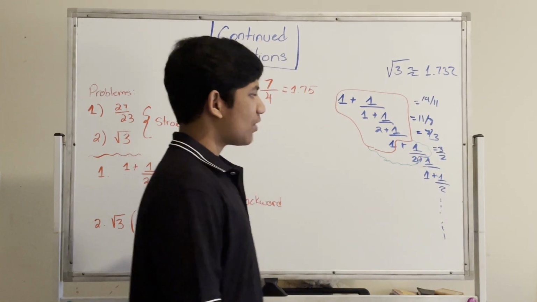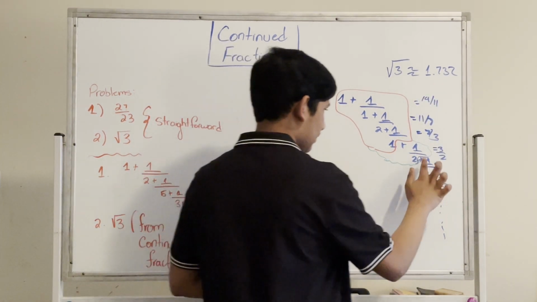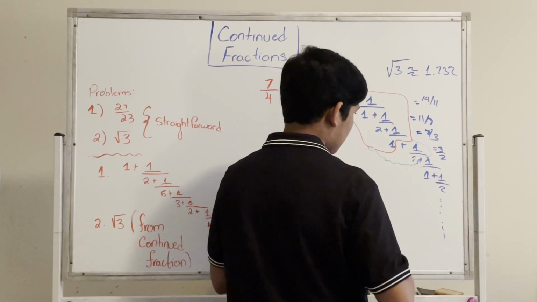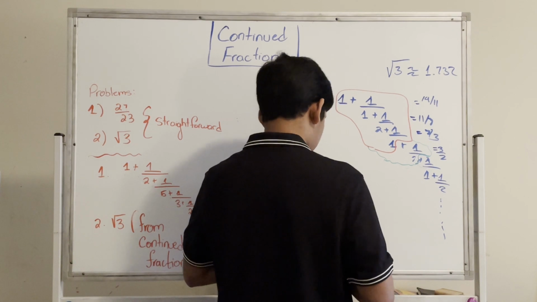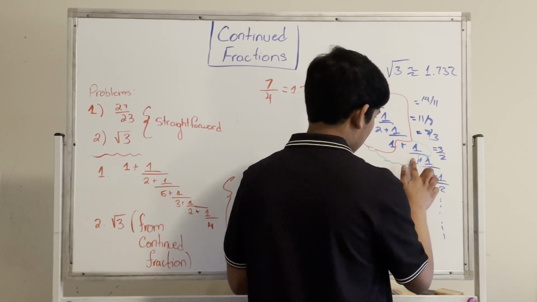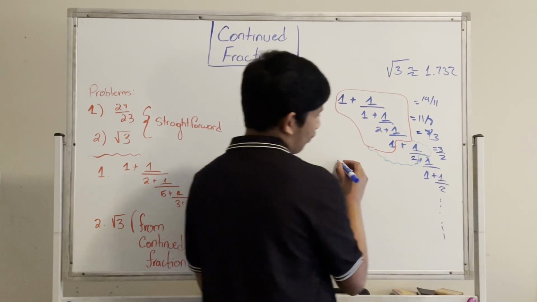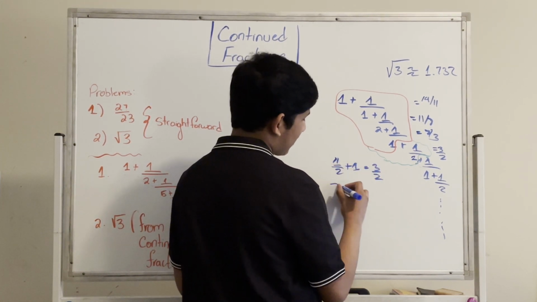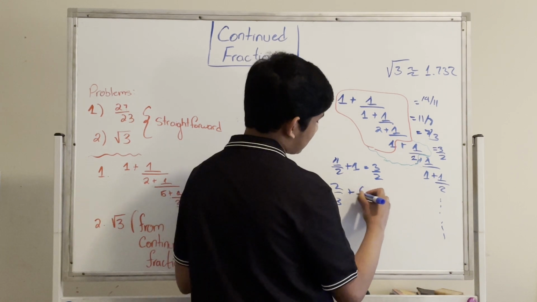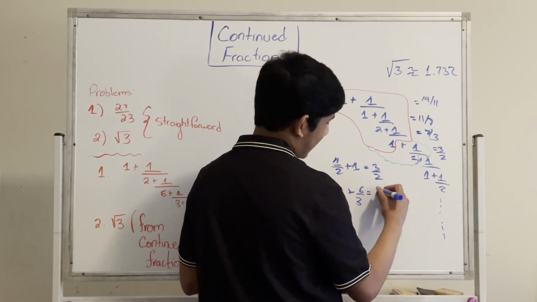Okay, so let's just check this. It's important, yes, we're drawing the boundary before the plus sign. Okay, so 1/2 plus 1 is 3/2. Taking the reciprocal, we have 2/3 plus 6/3, because 6/3 is equivalent to 2, we get 8/3.